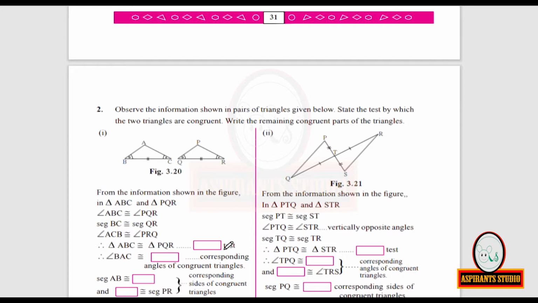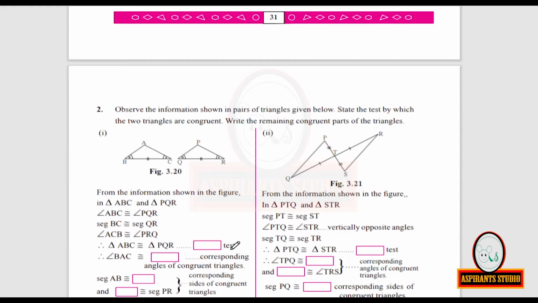So here the side is an included side between the two angles in both the figures. You can apply ASA test. Once again I am repeating. If two angles of a triangle and a side included by them are congruent with two corresponding angles and the side included by them of the other triangle, then the triangles are congruent with each other by ASA test.